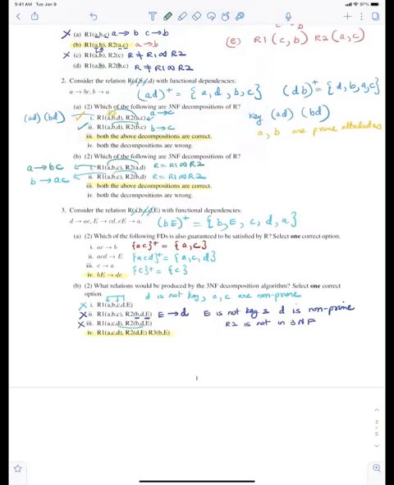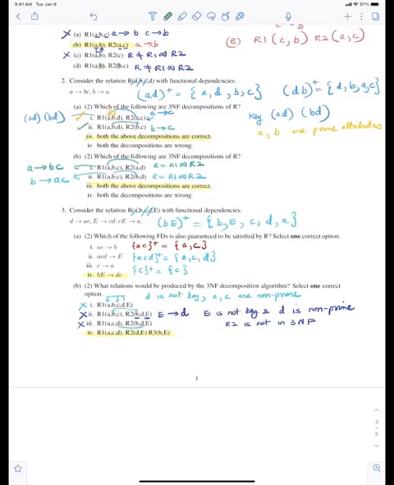So even from that viewpoint, it won't work out. Same here. Even if you didn't catch the fact that R2 is not in third normal form, you won't get the original table back by the joining of these two tables, because the attribute that connects the two tables is not a key in either one.